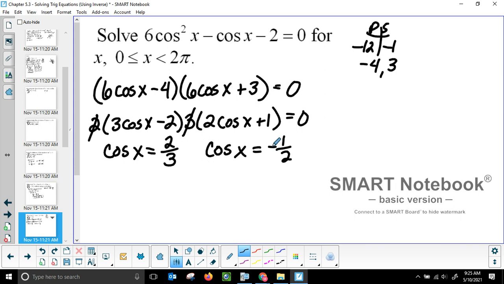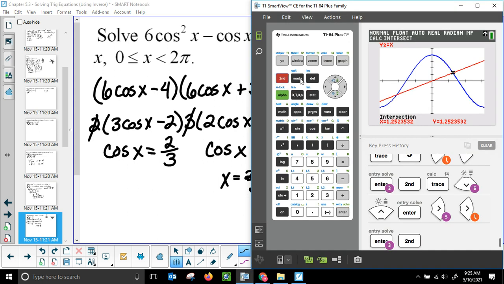Cosine is negative 1/2 at 2 pi over 3 and at 4 pi over 3. Over here, however, we're going to have to use our calculator.